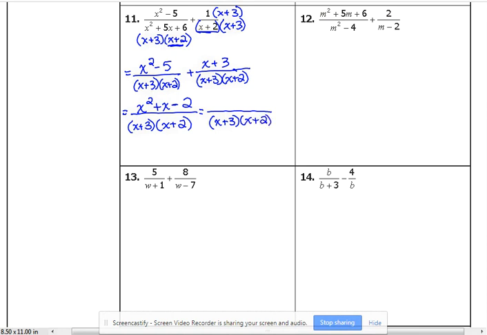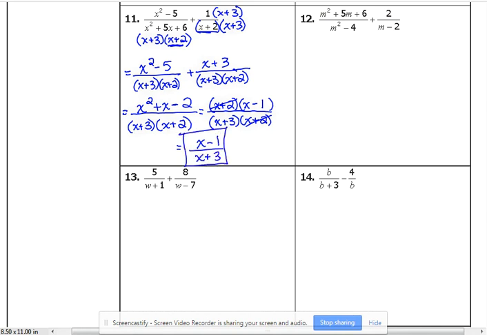X plus 3 is not going to be a factor, but x plus 2 could be. If x plus 2 is our factor, what's the other factor? X minus 1, right? Because 2 times negative 1 is negative 2. Check it. Outside gives us negative x. Inside gives us positive 2x. So together those give us positive 1x. So now we can cancel the x plus 2's. We are left with x minus 1 over x plus 3.